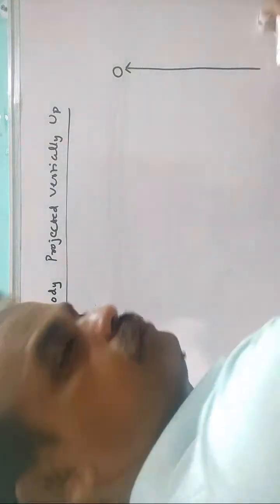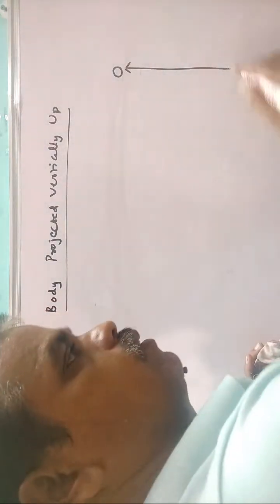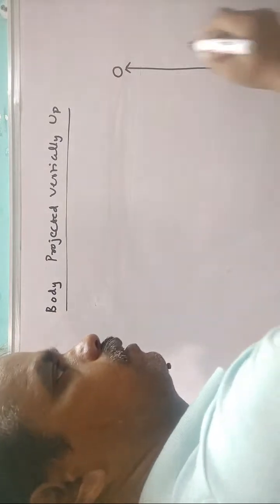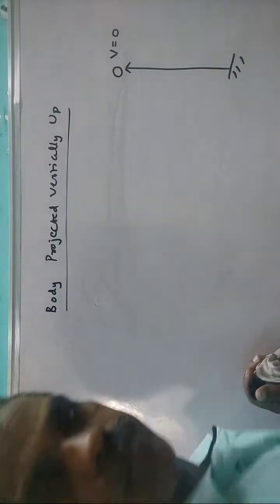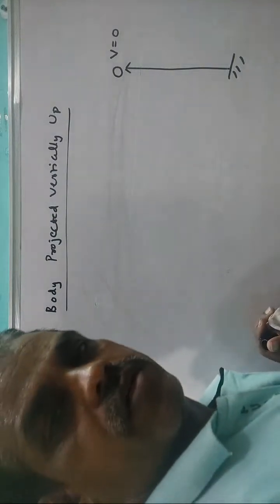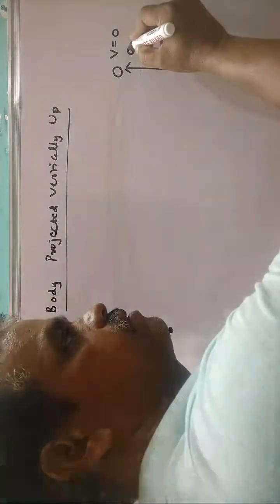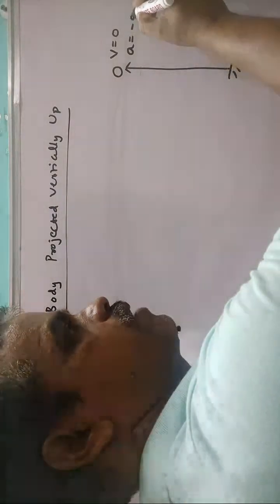So when it reaches maximum height, the final velocity will be zero. The acceleration is equal to minus g.